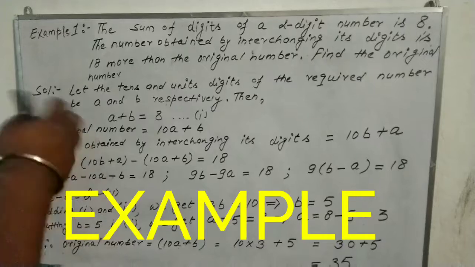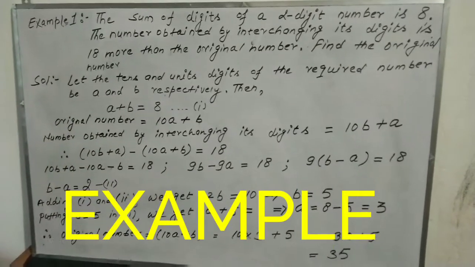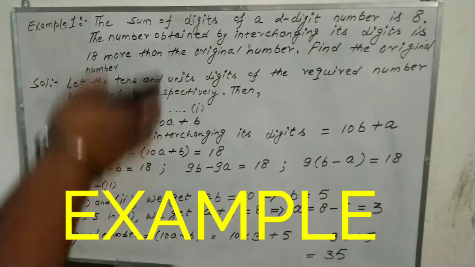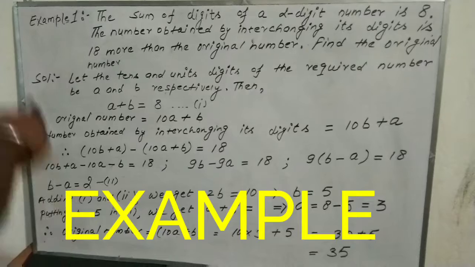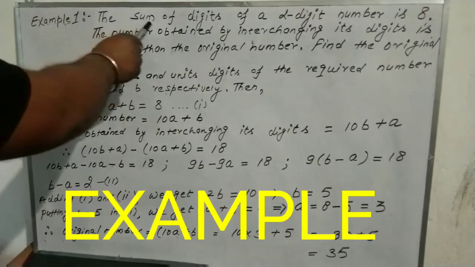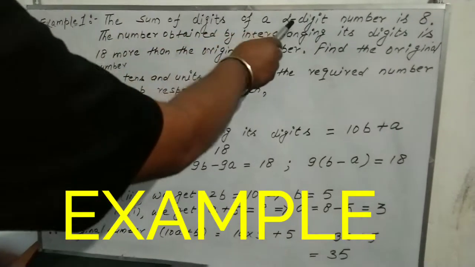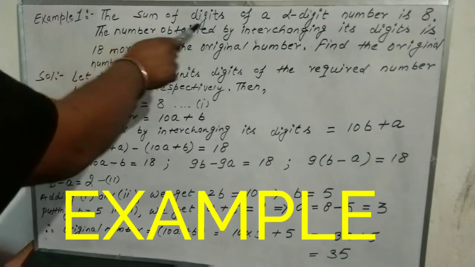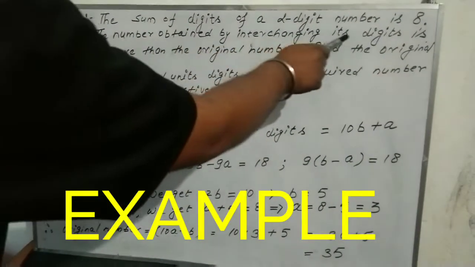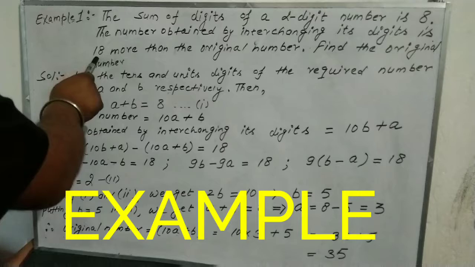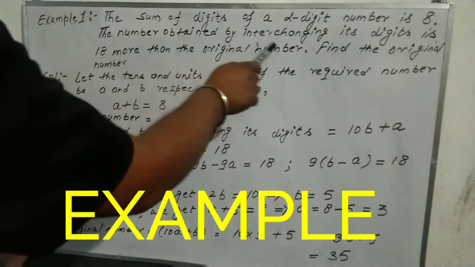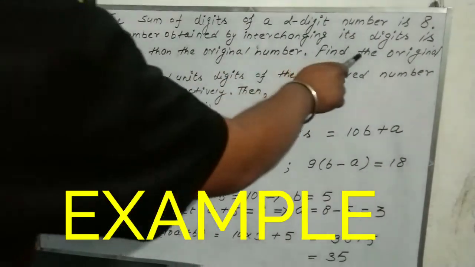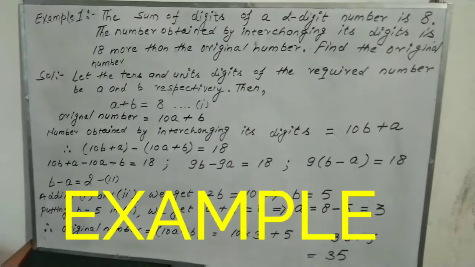Now we will take an example to understand what we have learnt. Example: the sum of digits of a 2-digit number is 8. The number obtained by interchanging its digits is 18 more than the original number. Find the original number.